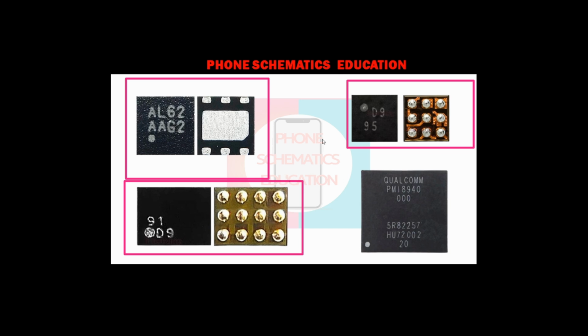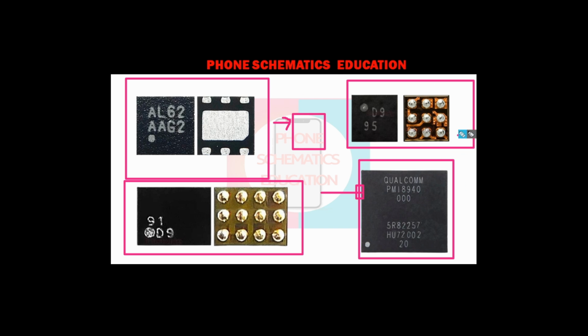Now, apart from these ICs, some DC to DC converters like PMI 8940 have a light section installed. Clear? Also, some DC to DC converters have a graphic IC installed.